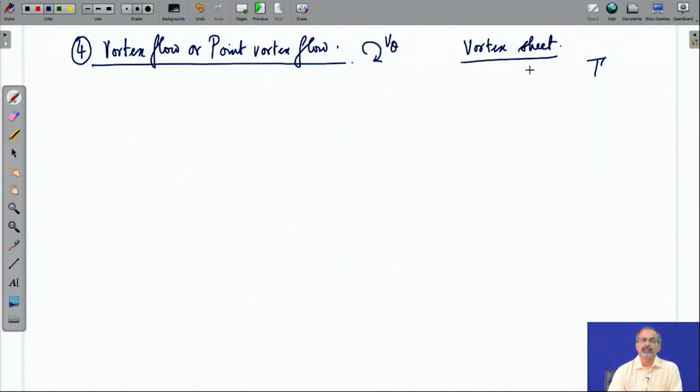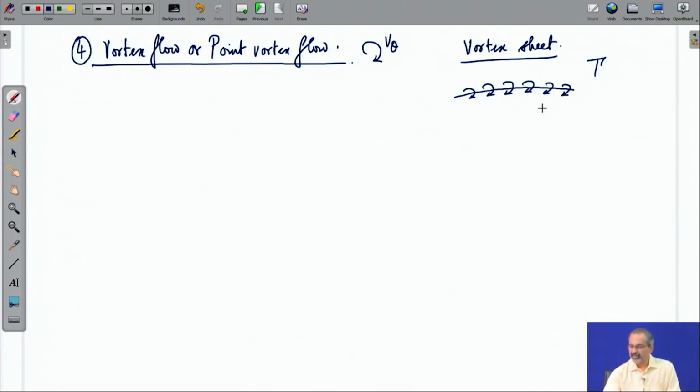And then we will see that if you lay these point vortices one after the other along a curve, then they can form a sheet of vortices like this, which we will call a vortex sheet.